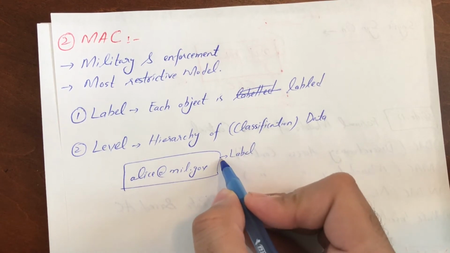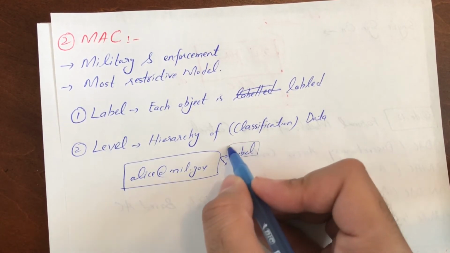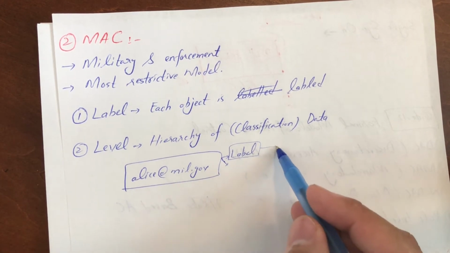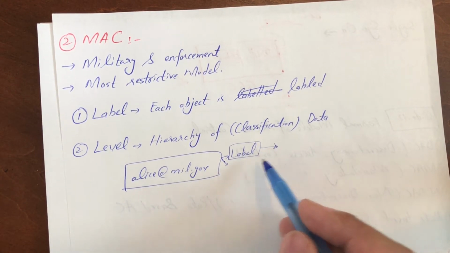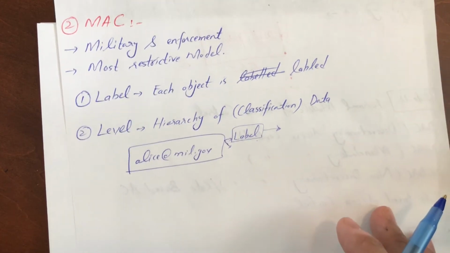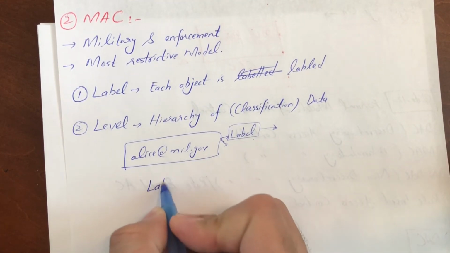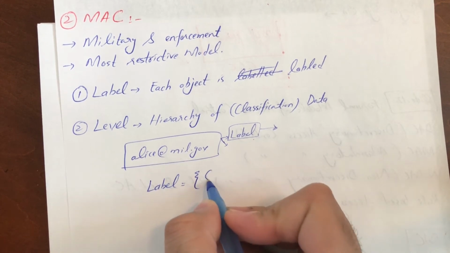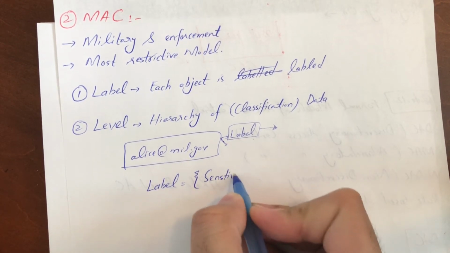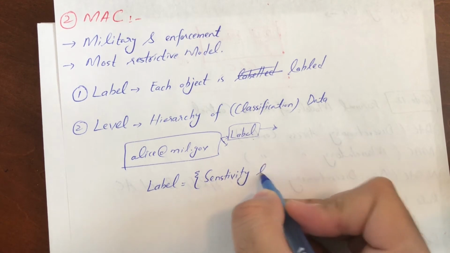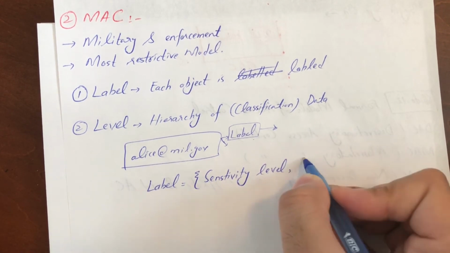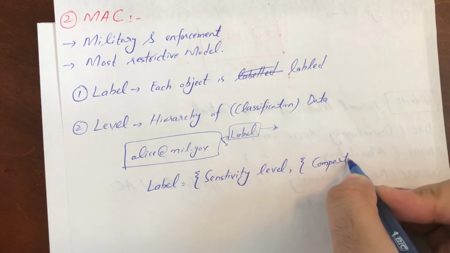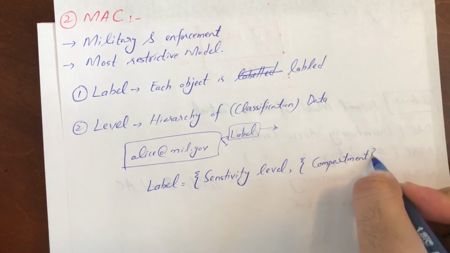Having the label assigned to you, you can access the specified data or information associated with that label. And a label has two main things. First of all, label defines the sensitivity level of information, and then compartment, like from which particular data you can access.